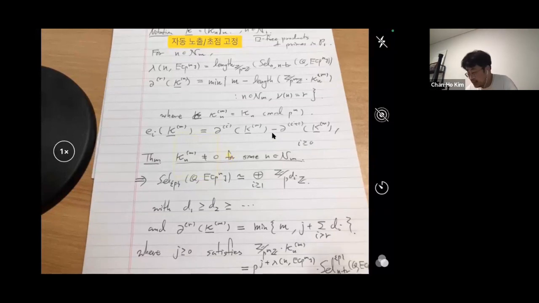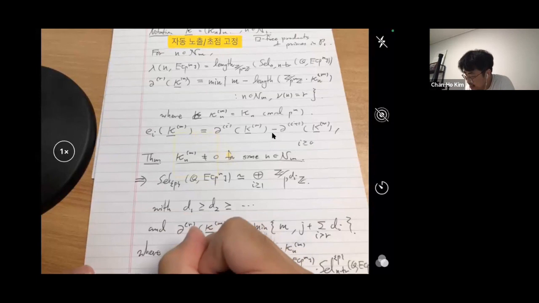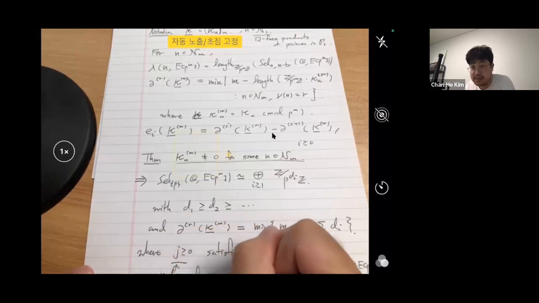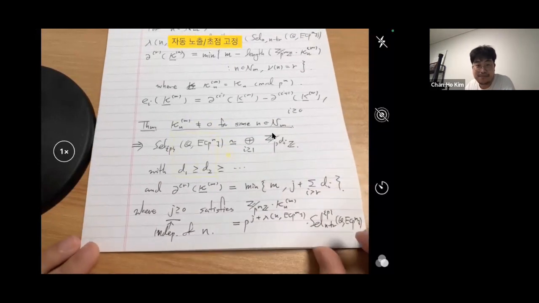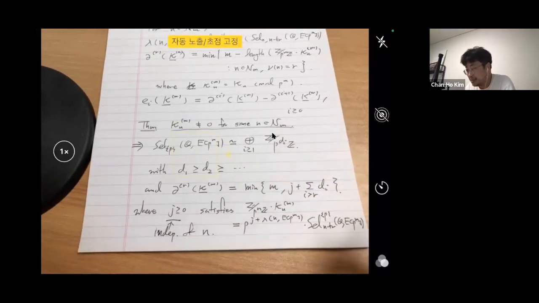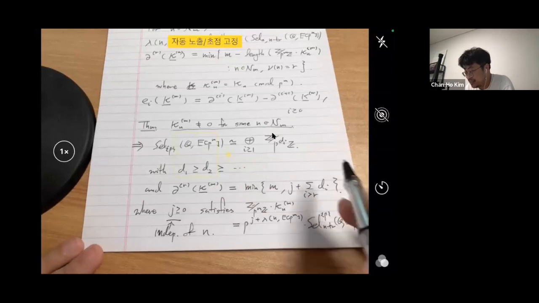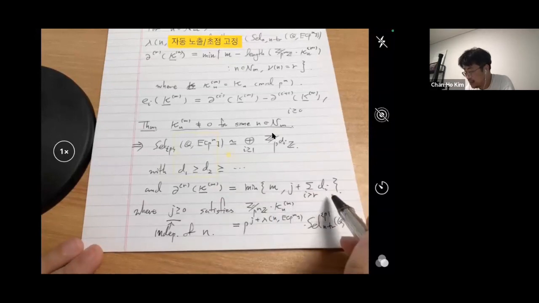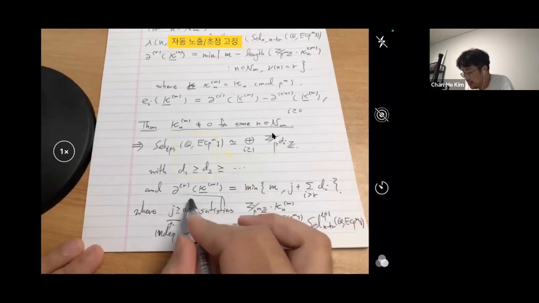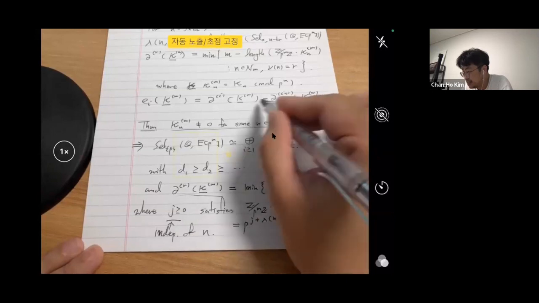And it is known that this j is independent of n. Okay, so yeah. So the p-Selmer group is isomorphic to this, and all d_i's can be determined by using all this, especially its differences, right?